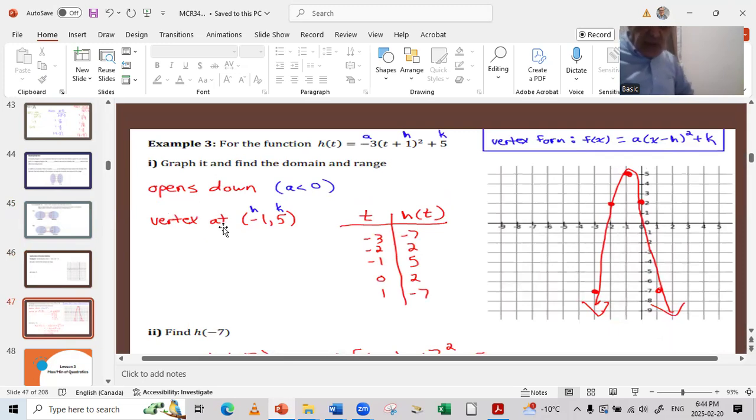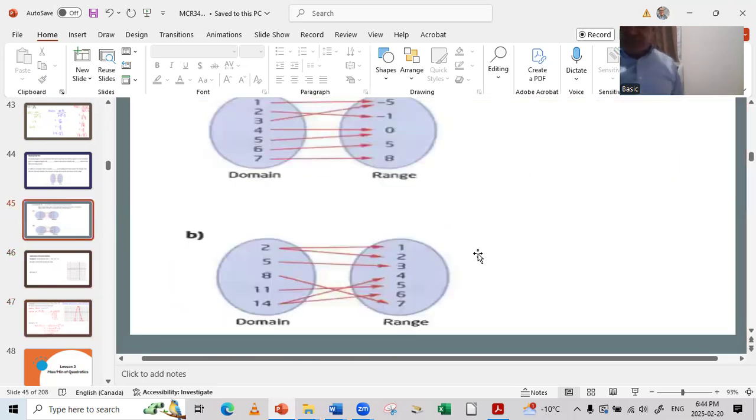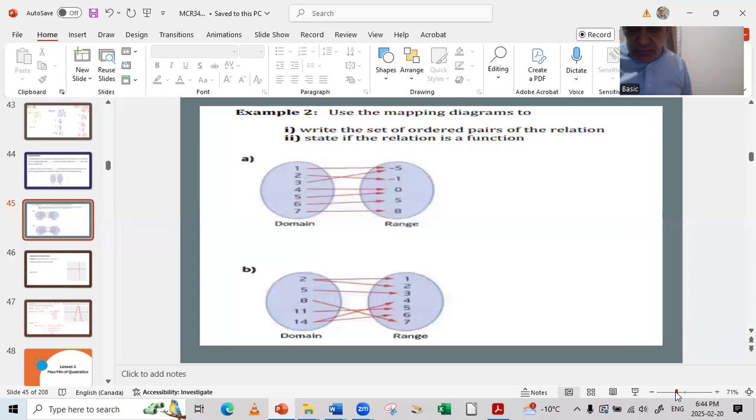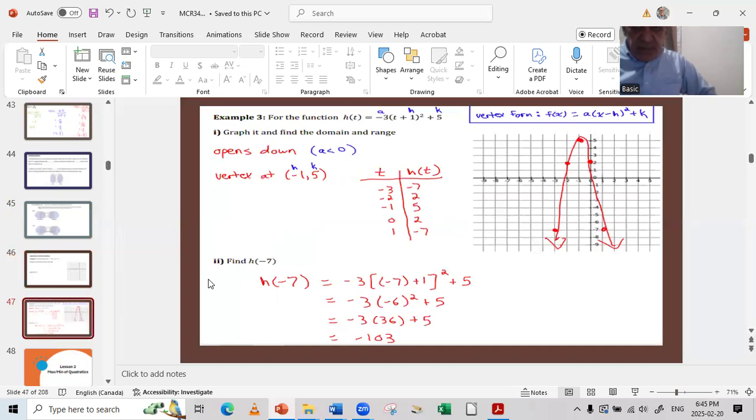We'll go also right now into C. We have some examples here. Here, we talk about how to find the domain and the range, same idea.